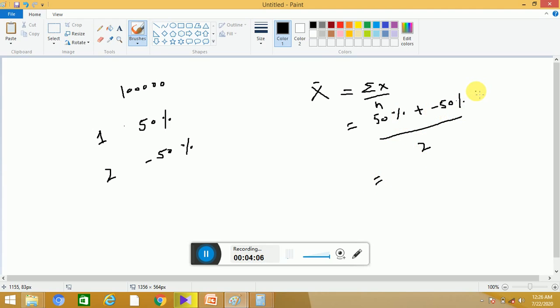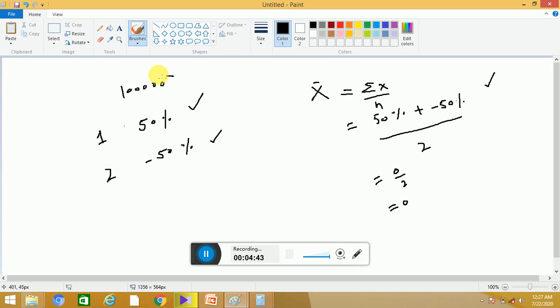So 50 minus 50 becomes 0, divided by 2, which is equal to 0. Now look at this. First year there is a return of 50%, and second year there is a loss of 50%. So arithmetic mean is telling us that our return is 0%.